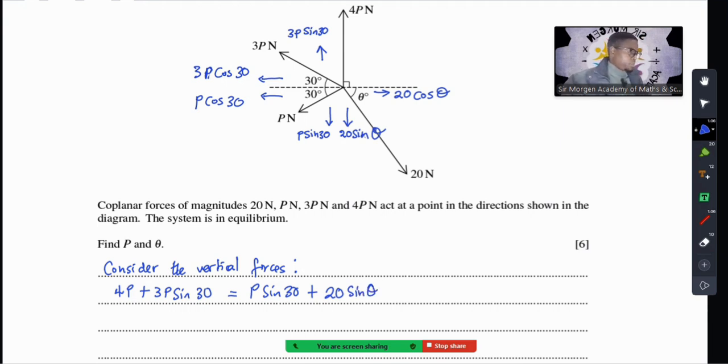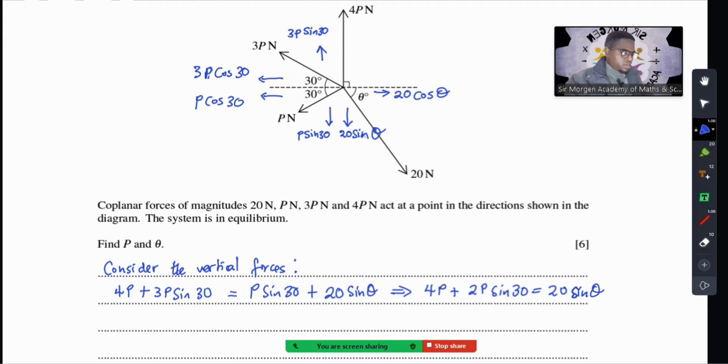All right, we can try to group like terms here. It's possible to do that. So this simplifies to, right, I'm just going to put a double arrow there. If I bring p sine 30 to the other side, that means I have 4p plus 2p sine 30 equals 20 sine theta.